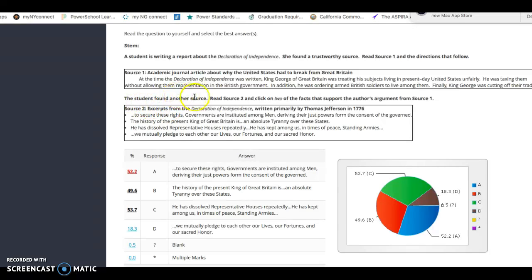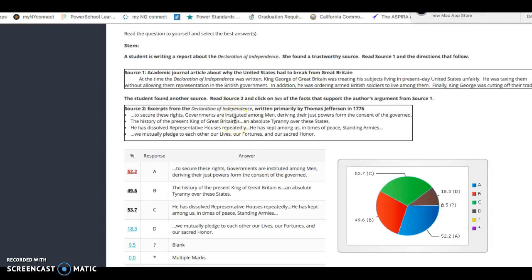It says the student found another source, source two. Read source two and click on two of the facts that support the arguments from source one. So in source one, essentially, the claim being made is that King George was an unfair ruler to the citizens of Great Britain.